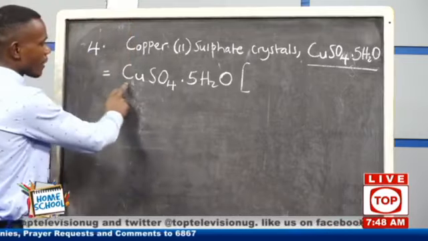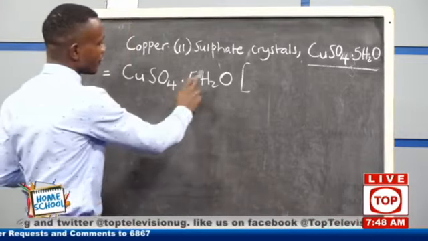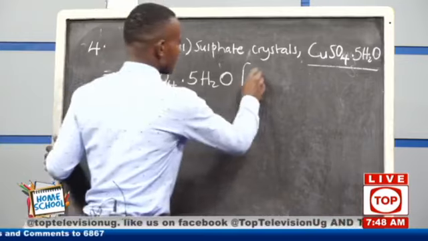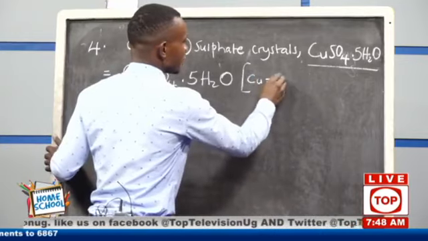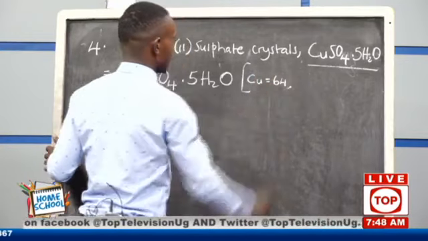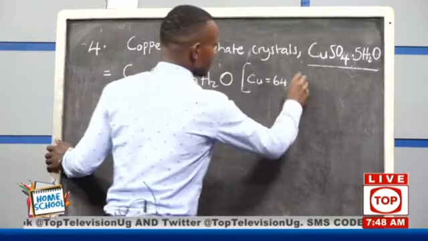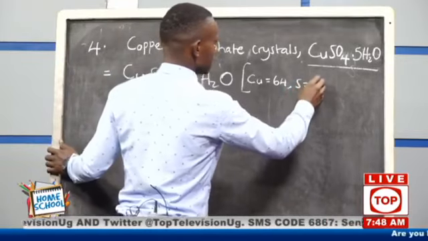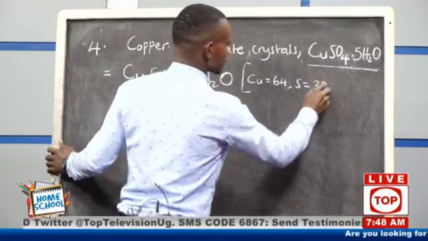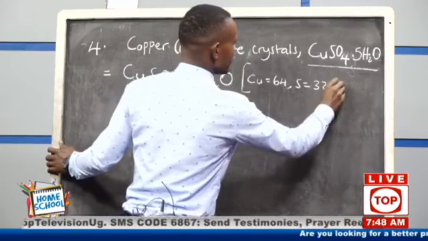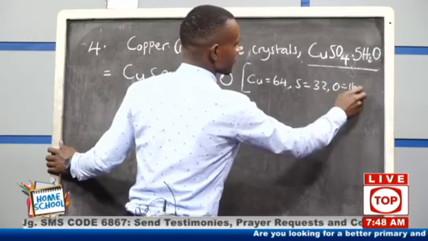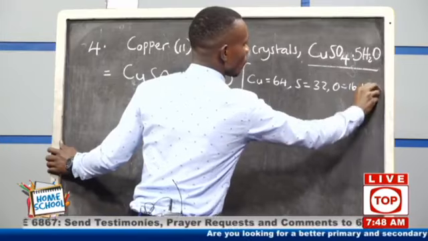Remember, we have copper, sulfur, oxygen and hydrogen. When you go there, you find copper is 64, sulfur is 32, oxygen is 16, hydrogen is 1.